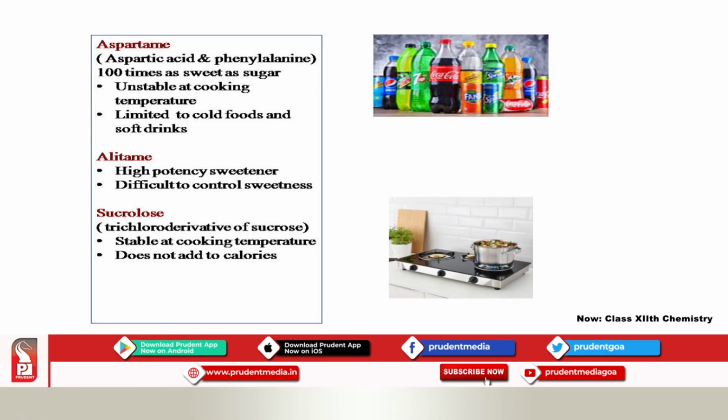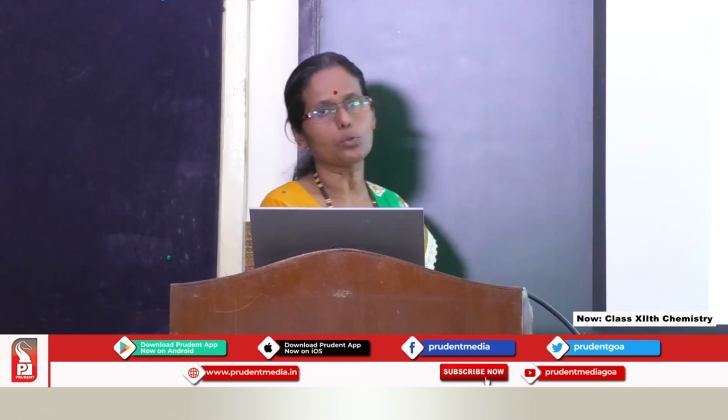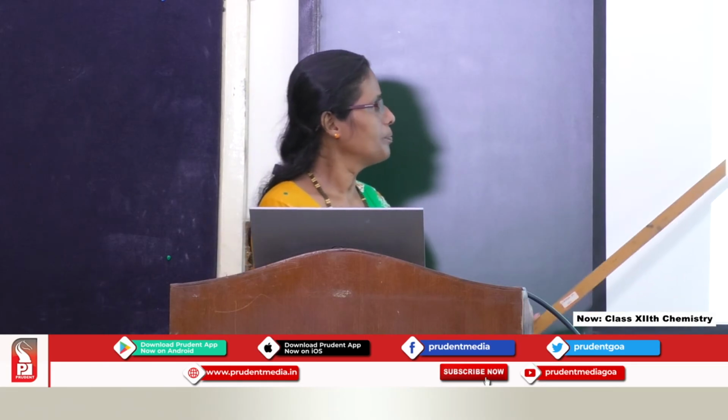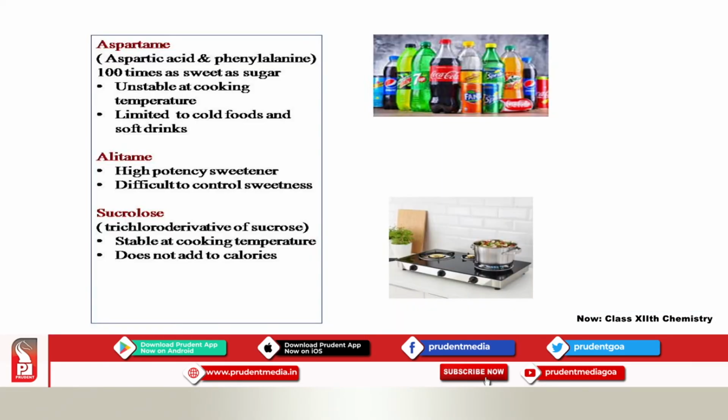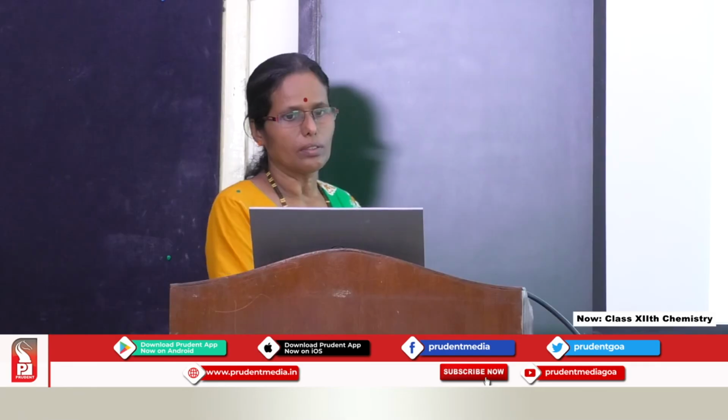So this can be safely used for soft drinks. Next we have alitame, a high potency sweetener. Its sweetness is so high that it cannot be controlled. Sucralose is a trichloro derivative of sucrose. It is stable at cooking temperature and does not add to the calories.